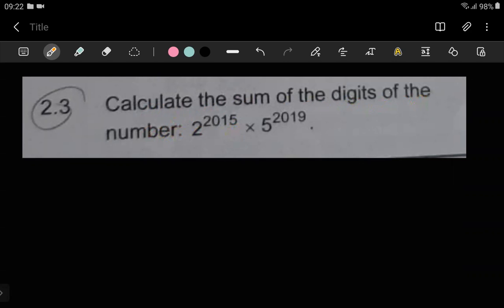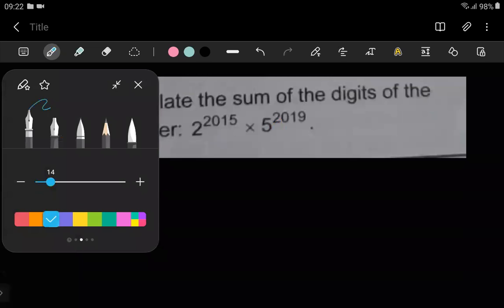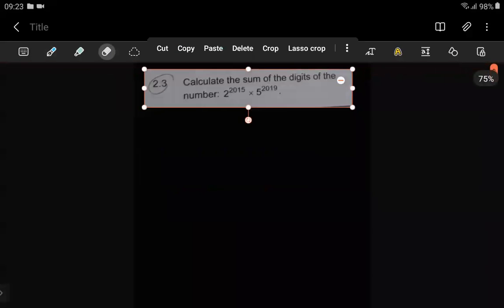Funny enough, with questions like these, normally you will find that the number has maybe a 1 in front and a bunch of zeros. So the sum of the digits would maybe be 1, because it would be 1 plus a bunch of zeros. That's usually what you can expect from these kinds of questions.